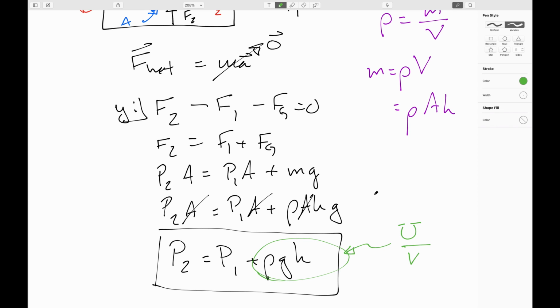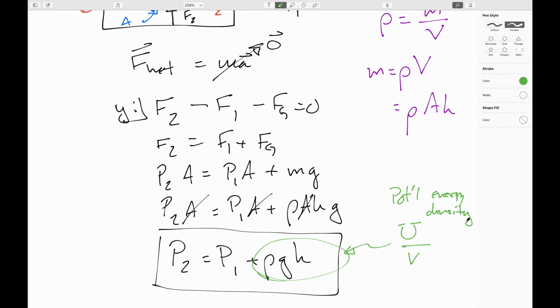This gets a name. It's called the potential energy density.